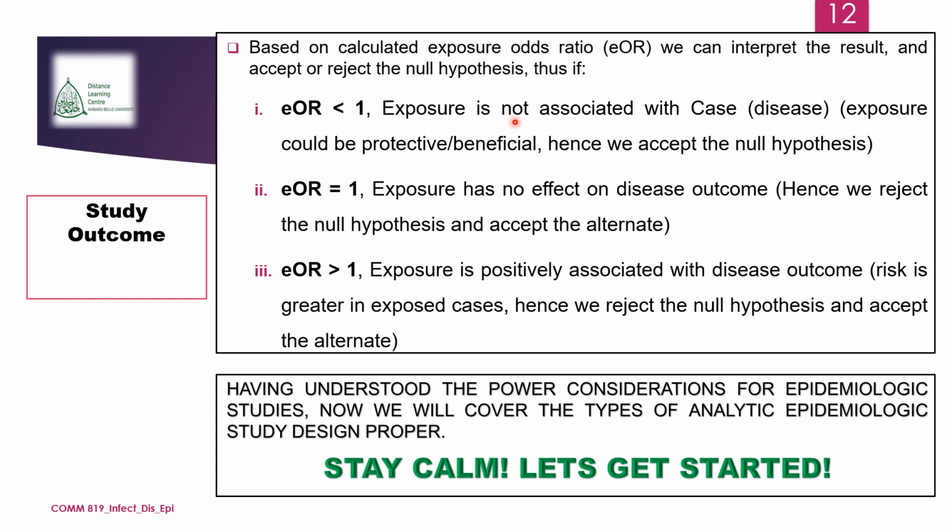You have to accept your null, because that was what you earlier stated, that it's not associated. But if it's greater than 1, it means it's possibly associated with lung cancer. Then you have to reject the null and accept the alternate.